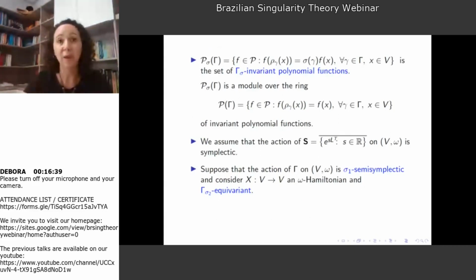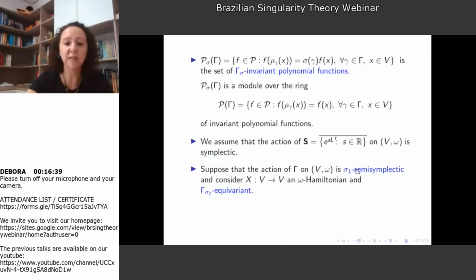But when the matrix of the bilinear form cannot be J, we have examples in which this action cannot be symplectic. So we need to assume these hypotheses in order to obtain a normal form.